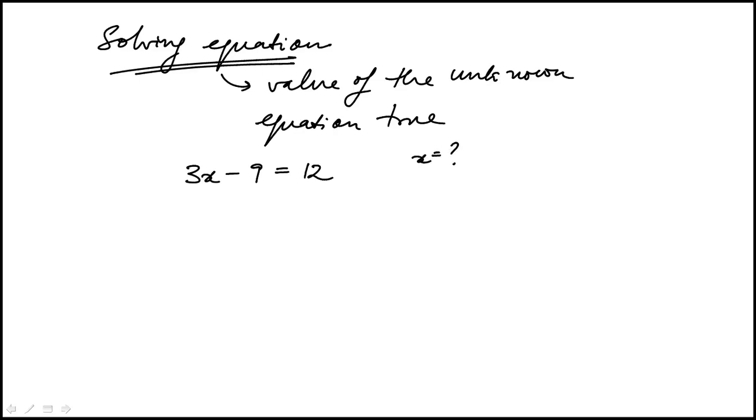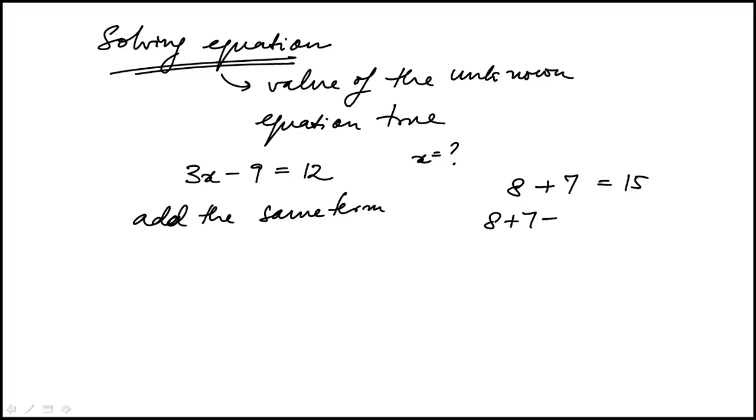Now, the operations that are acceptable: you can always add the same term to both sides. The reason for that is if you have an equation, say 8 plus 7 is equal to 15, we can add 2 to both sides. The relationship still holds true. I can subtract 7 from both sides, and the two sides are still equal because I am taking out the same amount.